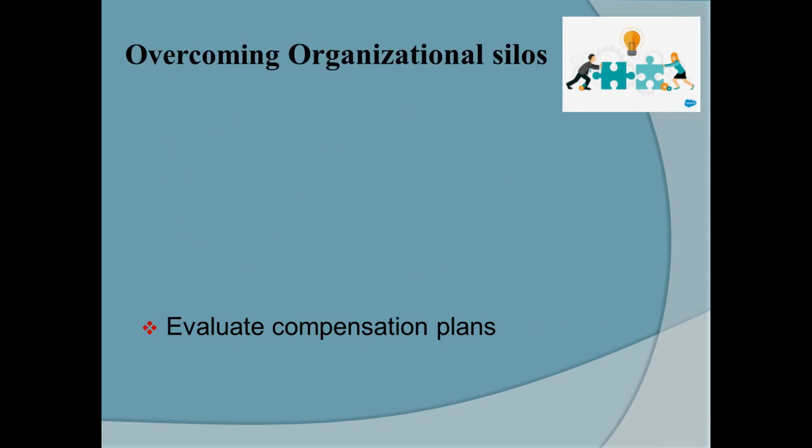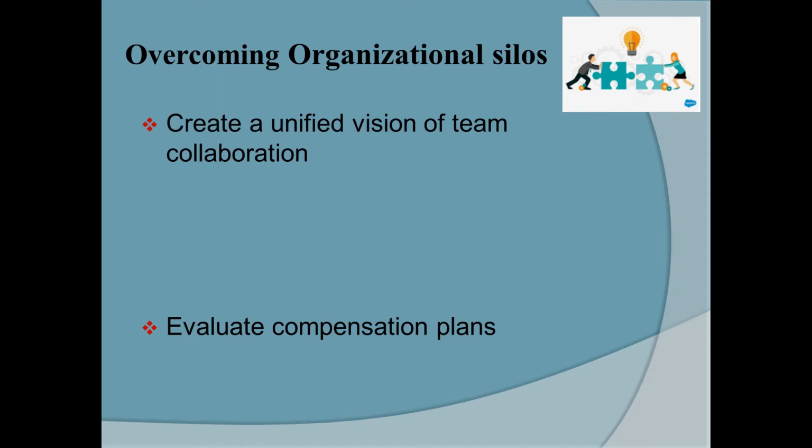So, overcoming organizational silos. Number one, to avoid these organizational silos, we have to create a unified vision of team collaboration. So again, the vision of our organization must be cascaded to every member of the organization.